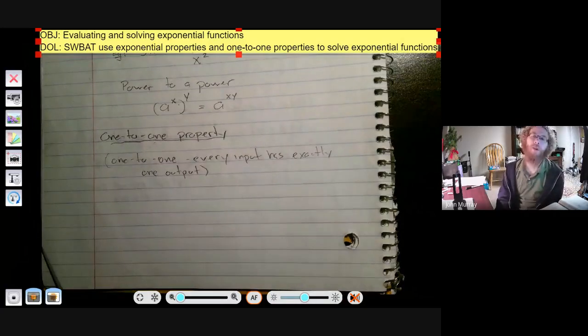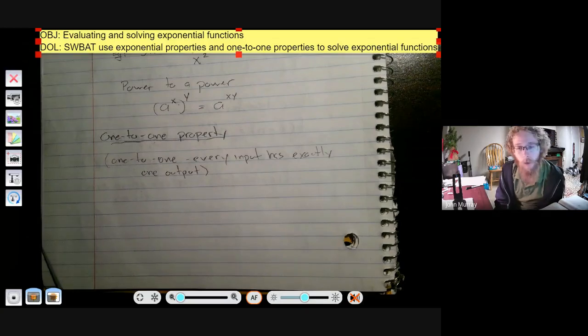One-to-one tells us that every input has exactly one output. So x squared is not one-to-one because two inputs get you the same output: negative 2 squared gets you 4, and 2 squared gets you 4. So that is not a one-to-one function.